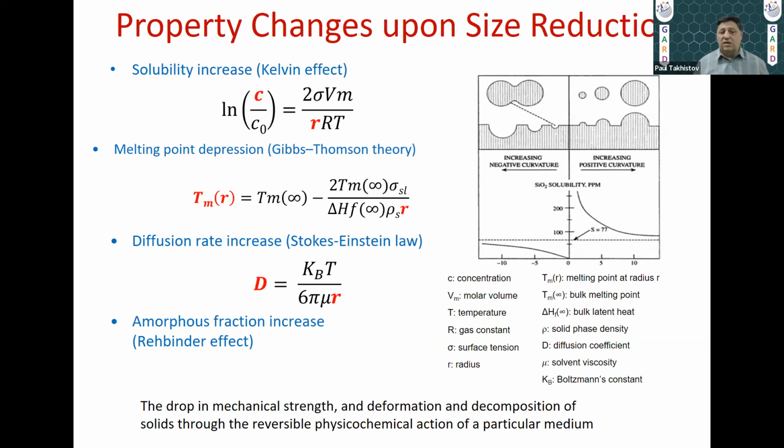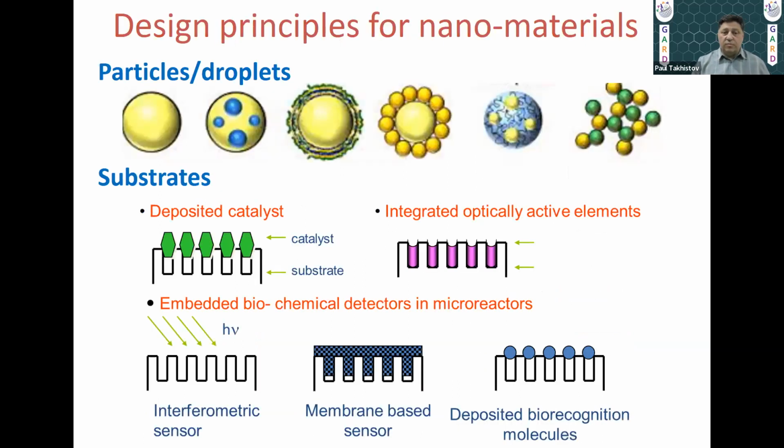And also experimentally observed, but theoretically not described, is the so-called Rebinder effect, the increase of the amorphous fraction during the interaction of the materials in our skin.